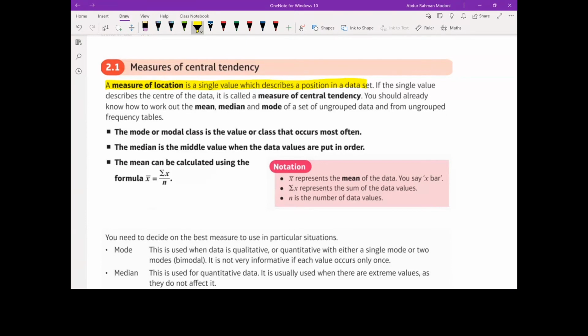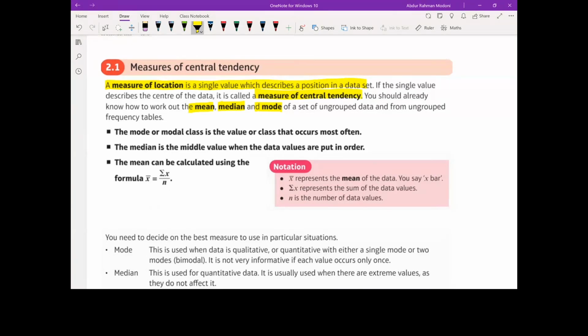So this single value could be one of many things. It could be a mean, it could be a median, or it could be a mode, and they are single values used to describe the data set. In this case, median, mean, and mode represent kinds of averages, so they describe what we call a measure of the central tendency.